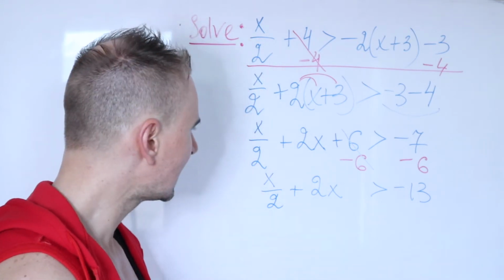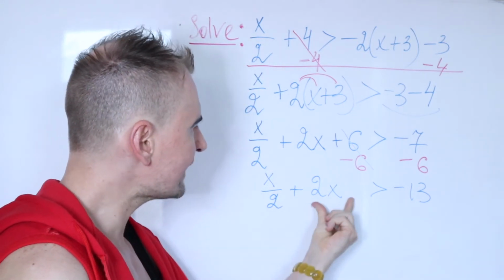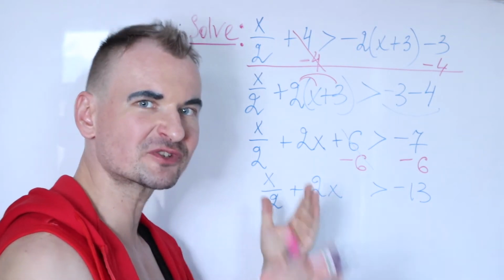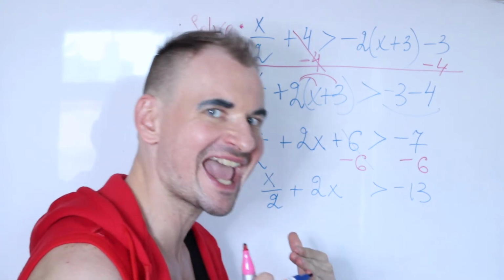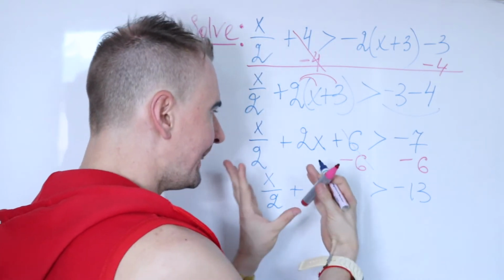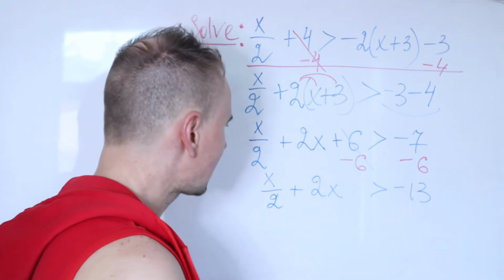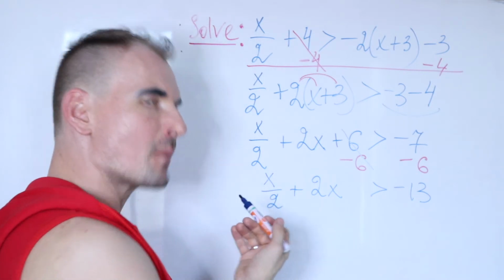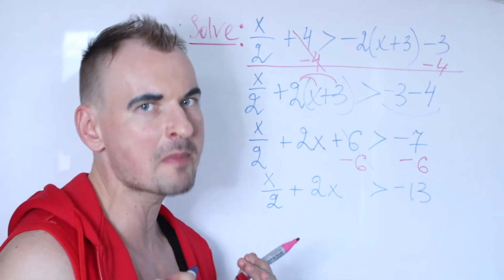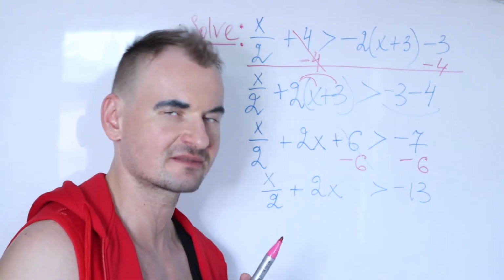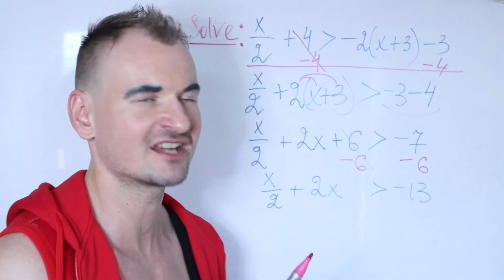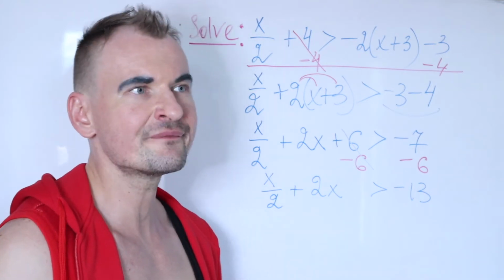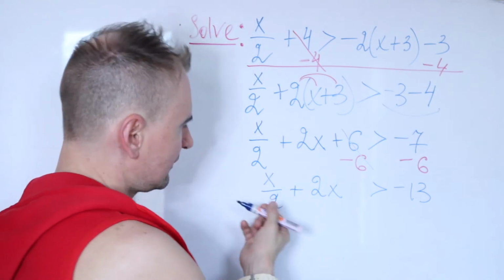Now you have these two x terms, both of these terms contain x, so you want to add them up. And you have this x over 2, which pops out at you, and you probably feel uncomfortable. Yes, I feel your pain, guys. I feel this way as well. So basically, what does it mean?